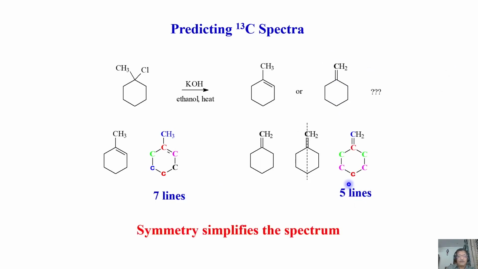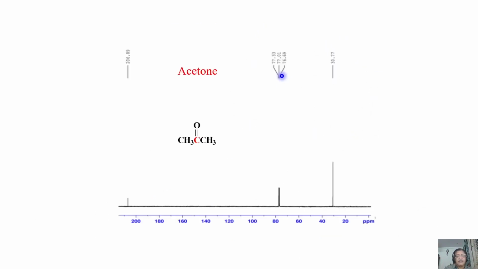You get 5 lines. So carbon 13 NMR will identify which is your product, this or this, just because of symmetry considerations. You look at the symmetry of this molecule and find out the number of peaks you are going to get in the carbon 13 spectrum. Based on that, you say this is the product or this is the product.